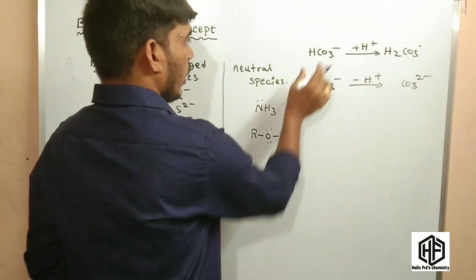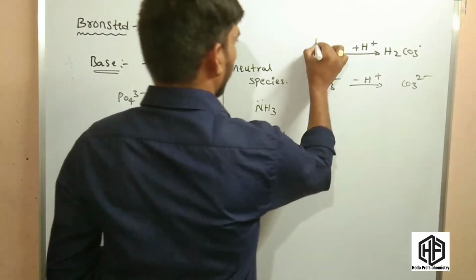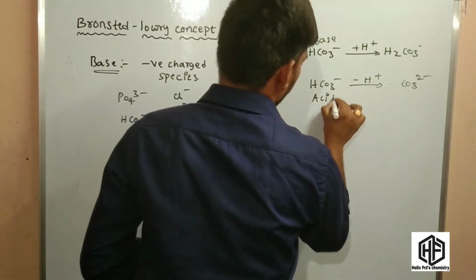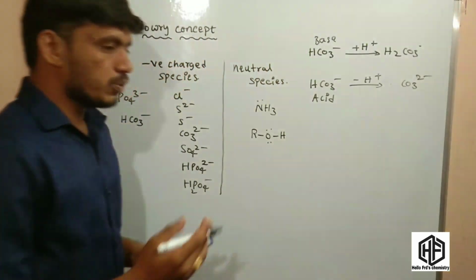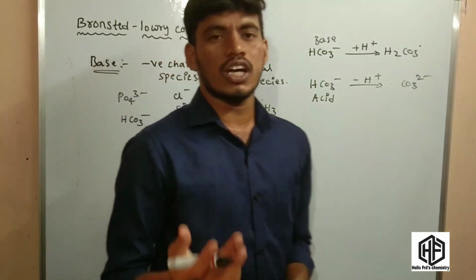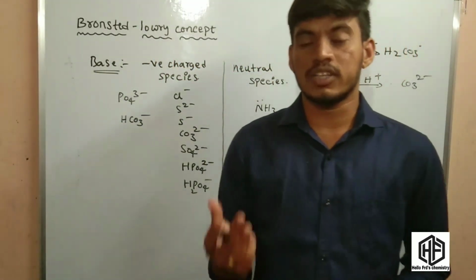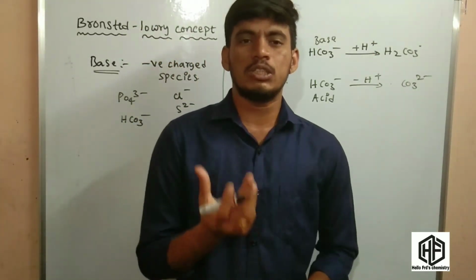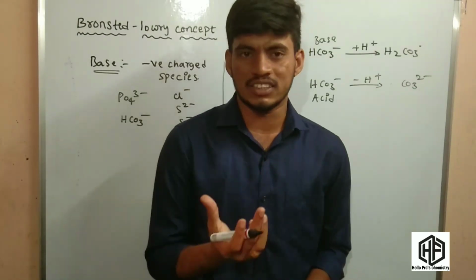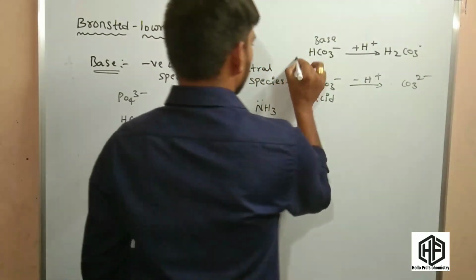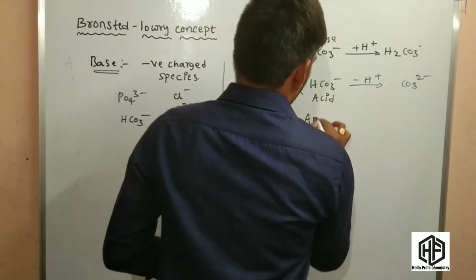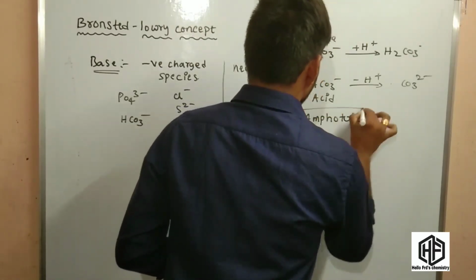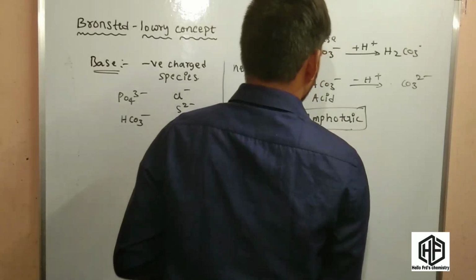The proton acceptor is called a base, and the proton donor is called an acid. A species that acts as both a proton donor and a proton acceptor, meaning both Bronsted acid and Bronsted base, is called an amphoteric species. This is a very important point in competitive exams.